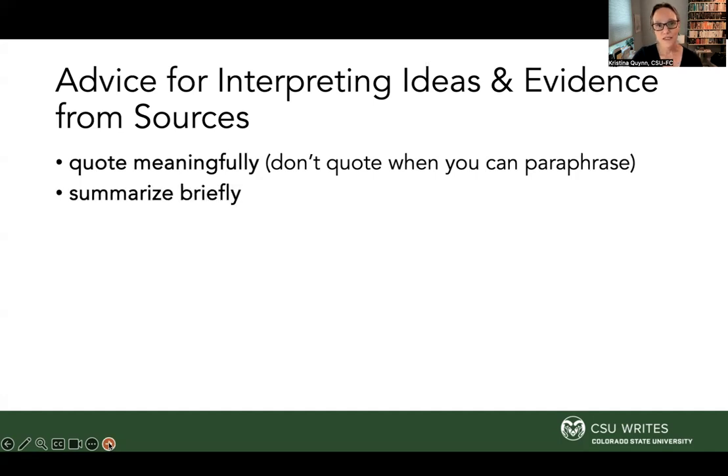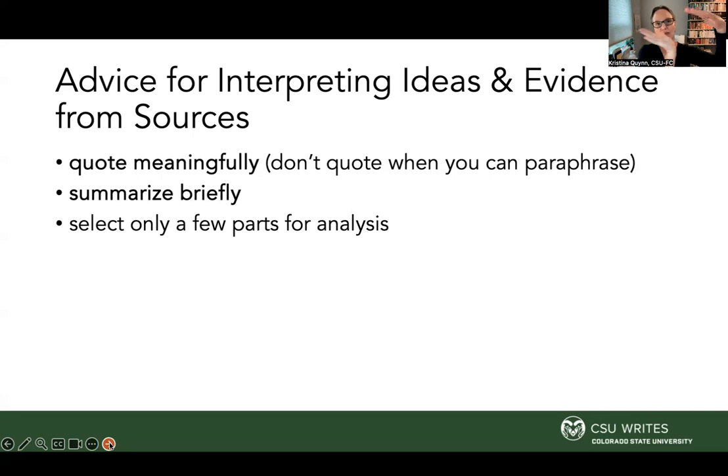Summarize briefly. So just make sure that if you are pulling together and summarizing what one report or one set of authors said, you can do it in just enough space to give your readers enough to know so that they can understand your arguments and your points. Select only a few parts for analysis, meaning that if you have that table, for example, you're pointing your reader's eye to very specifically what is there.